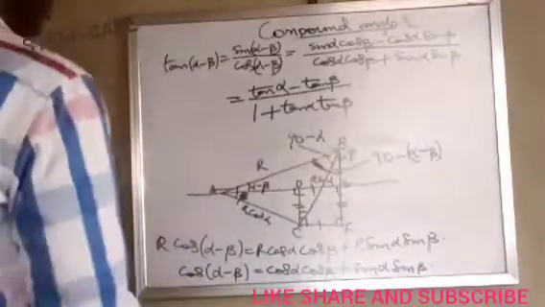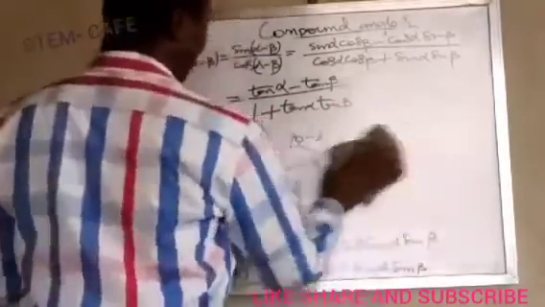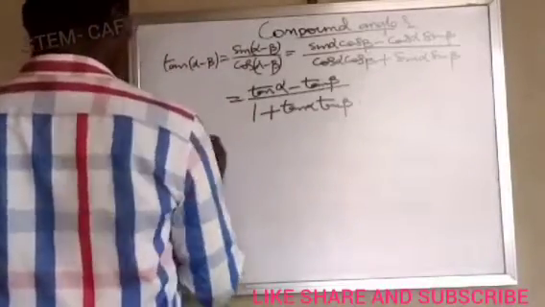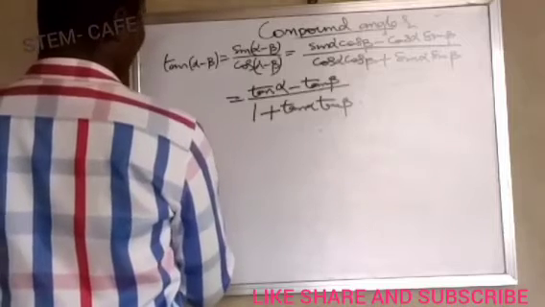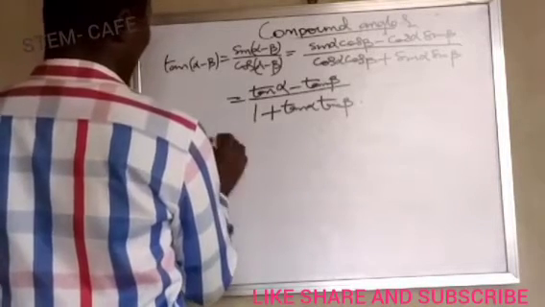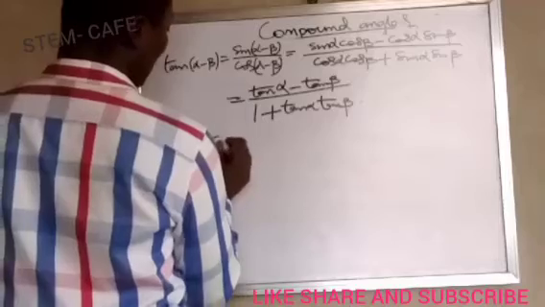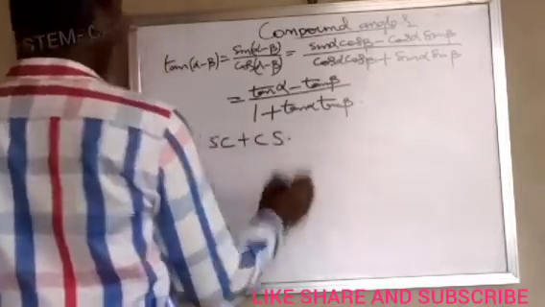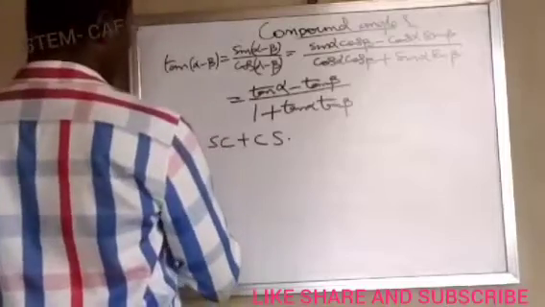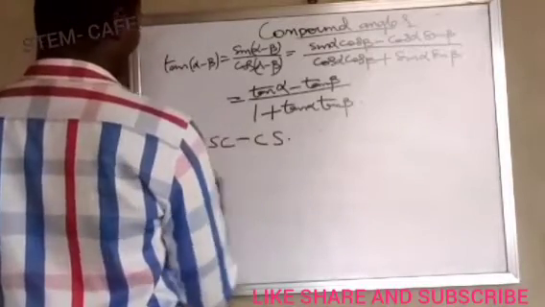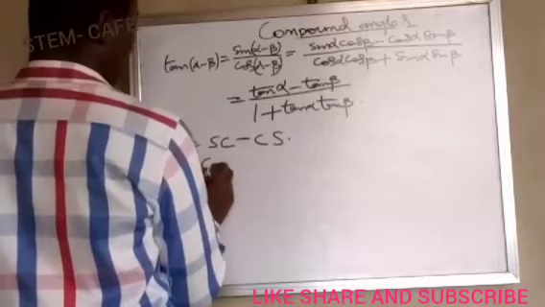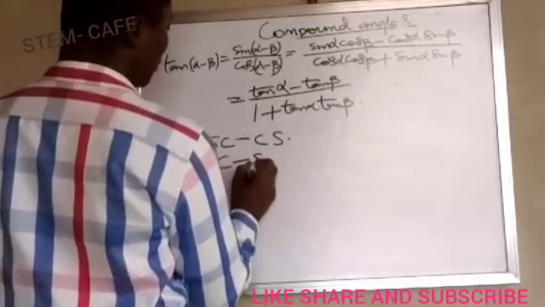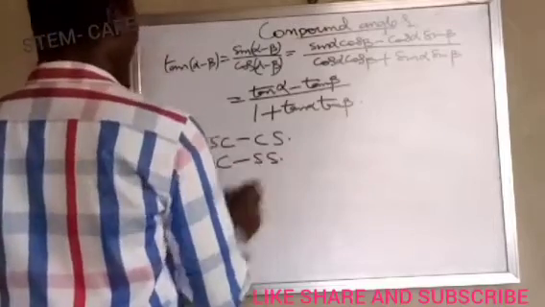Very easy to memorize. For sum of angles, sine will be sine of the first angle cosine of the second angle plus cosine of the first angle sine of the second angle. If it is difference, this place will be minus. For cosine, it will be cosine of the first angle cosine of the second angle. If it is plus, minus sine of the first angle sine of the second angle.